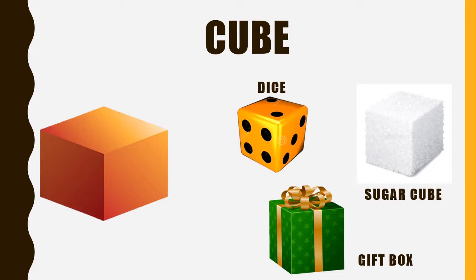If you see one face of this dice, you will say that it's a square, but it is actually a combination of many squares. There are many objects you can see here like sugar cube or gift box and many more that we use in our daily life that have the shape similar to this dice. This shape is called a cube.